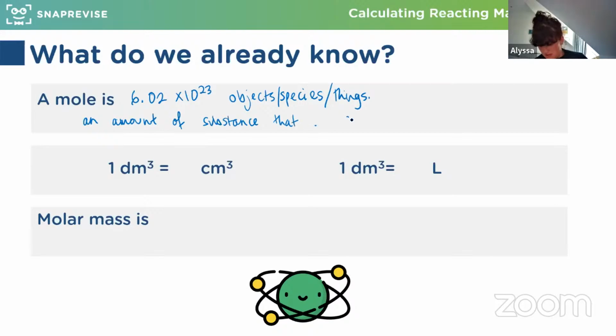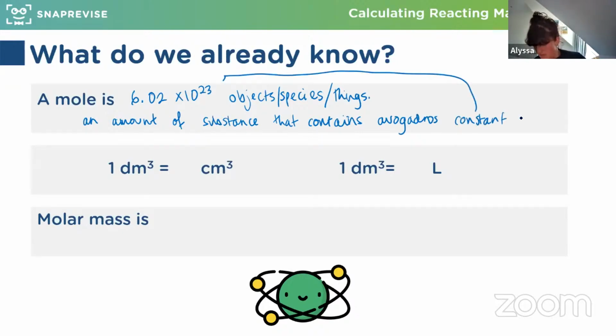So it's an amount of substance that contains Avogadro's constant, which is that value up there, of particles, or number of particles. Once we've gotten our head around that concept, it makes a lot of our calculations a lot easier.